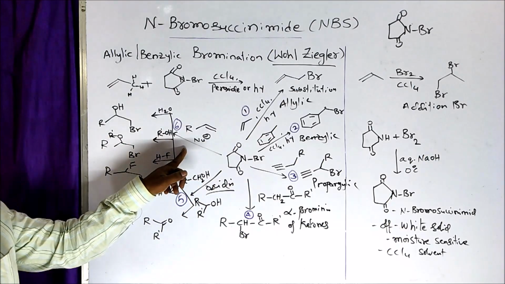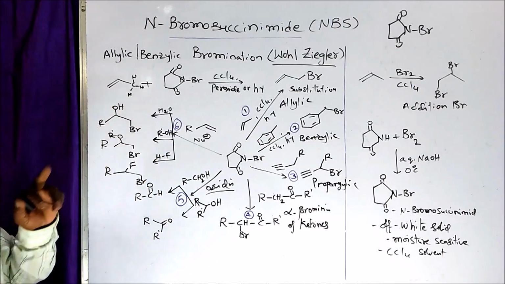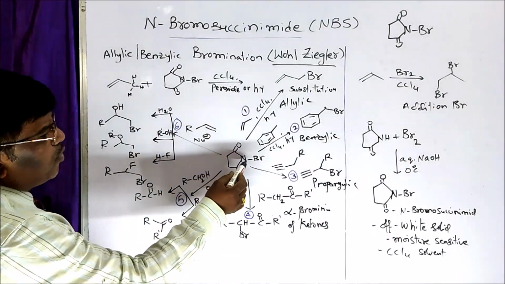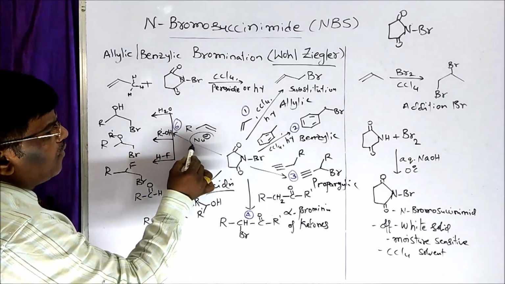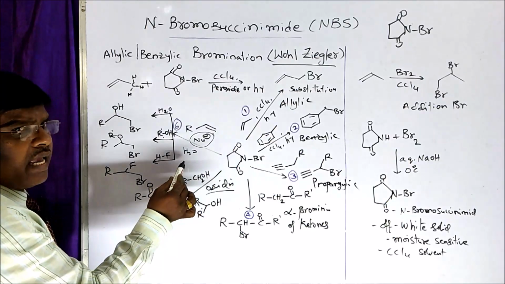And the other one is very important, and most of the time you are going to get questions based on this: the use of N-Bromosuccinimide in the presence of nucleophiles such as water, alcohol or HF.